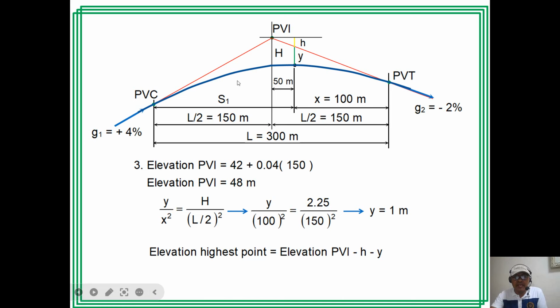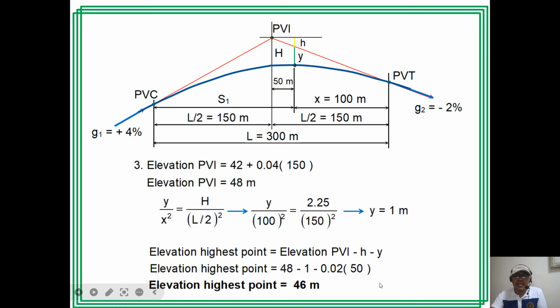Where h there is equal to the grade 0.02 times the distance 50. So the difference in elevation from PVI to the tangent at this point here. Okay, so elevation of the highest point is elevation PI 48 minus y, which is 1. Then this is 0.02 times the distance 50. So that is 46 meters.